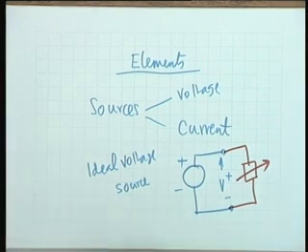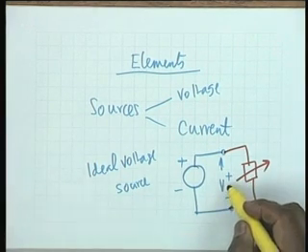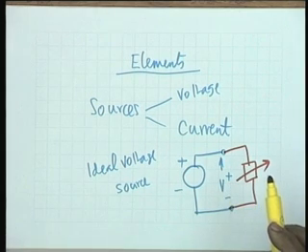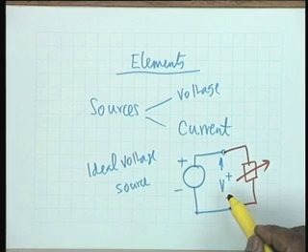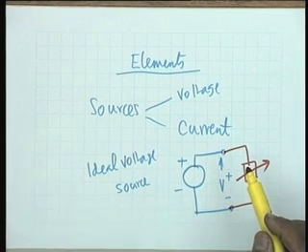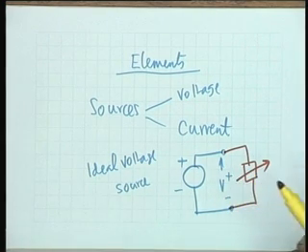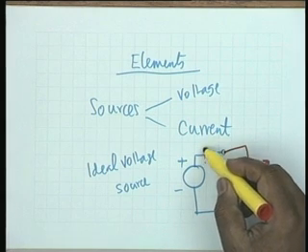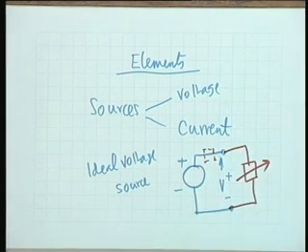On the other hand, if the terminal voltage varies with what current you are drawing from the source, then it is called a non-ideal voltage source. And a non-ideal voltage source can always be taken care of by a series impedance. That is, an ideal voltage source in series with an impedance can account for a non-ideal voltage source.